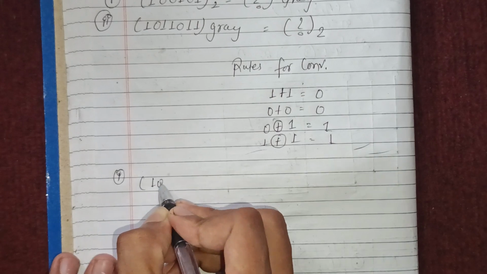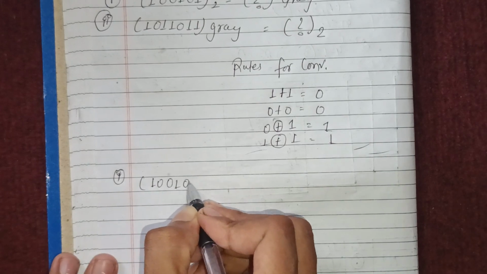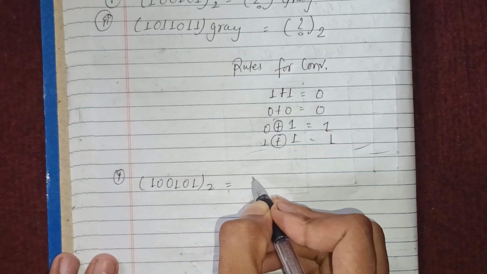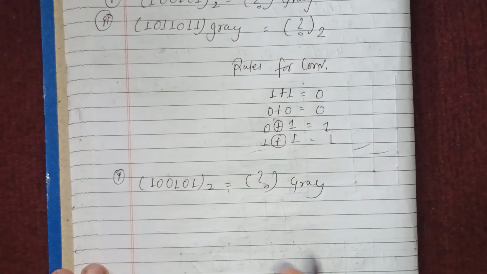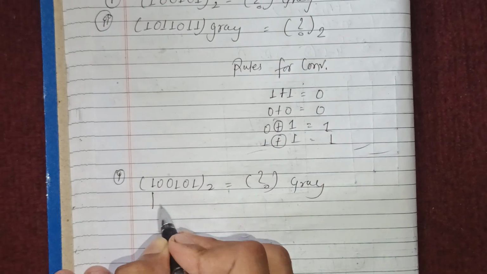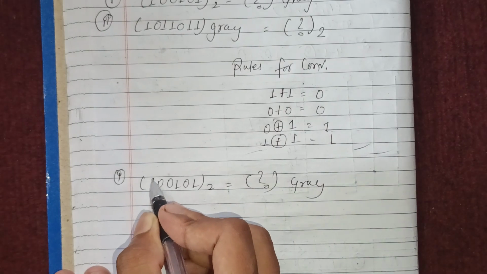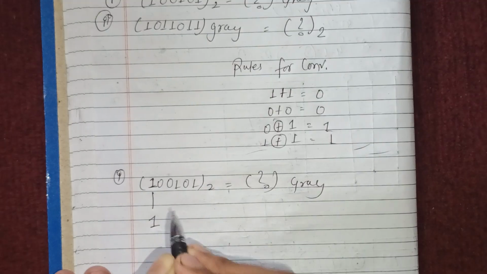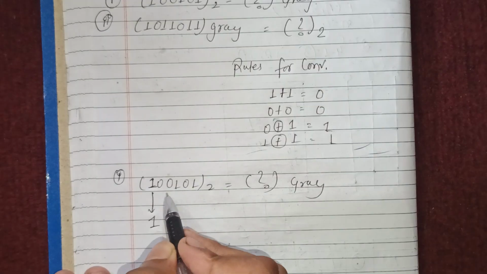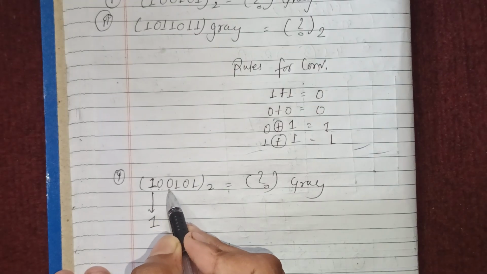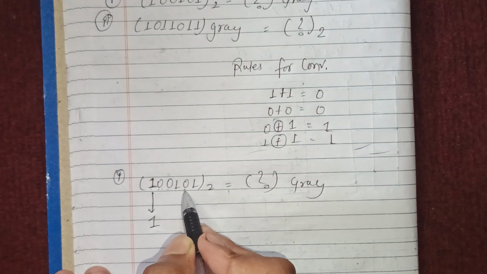This is the conversion of binary to gray. Then we will solve gray to binary. In binary to gray conversion, we first write the first number as it is. Then we compare each two adjacent numbers, 1 0 0 0 1 1 0 0 1.